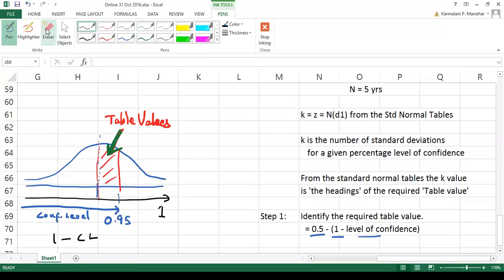No, sorry, mistake. Let's redo that. That will now be the confidence level minus 0.5 will give us what the required table value is.